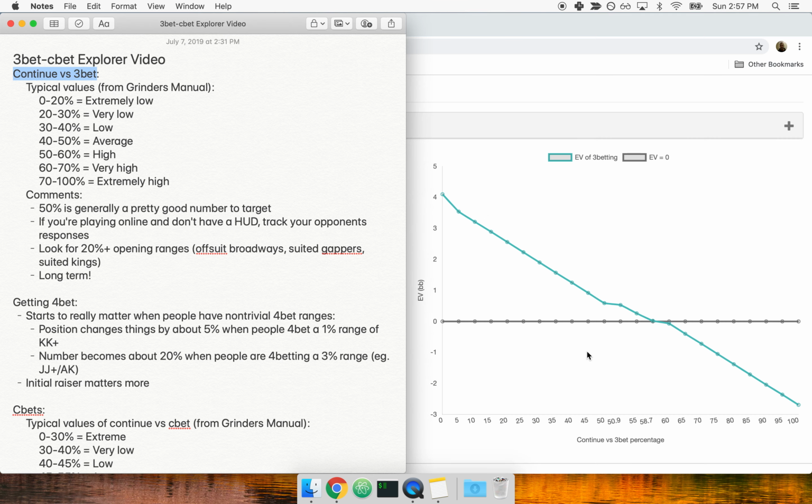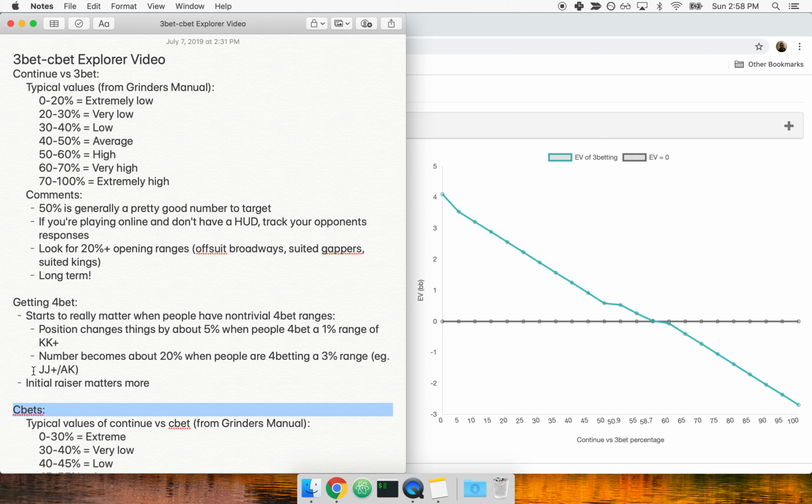Generally, 50% is a pretty good number to target. If they're continuing less than 50% of the time, here and to the left, it's usually going to be a pretty profitable 3-bet bluff. That's going to depend on the other inputs, like how often you get 4-bet and how profitable your Cbets are.